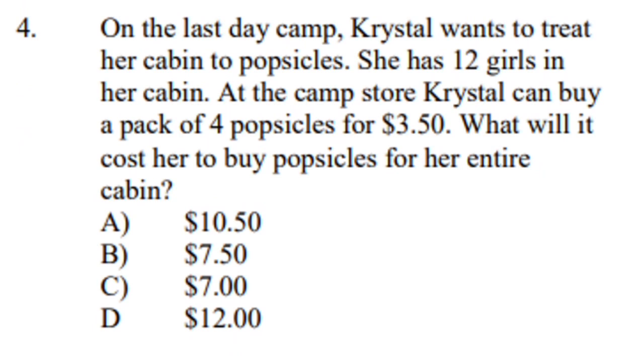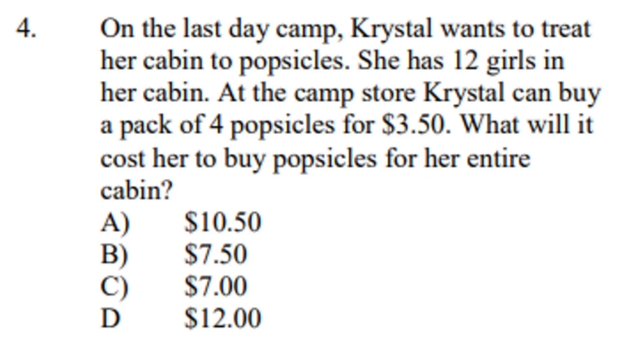On the last day of camp, Crystal wants to treat her cabin to popsicles. She has 12 girls in her cabin. At the camp store, Crystal can buy a pack of 4 popsicles for $3.50. What will it cost her to buy popsicles for her entire cabin?